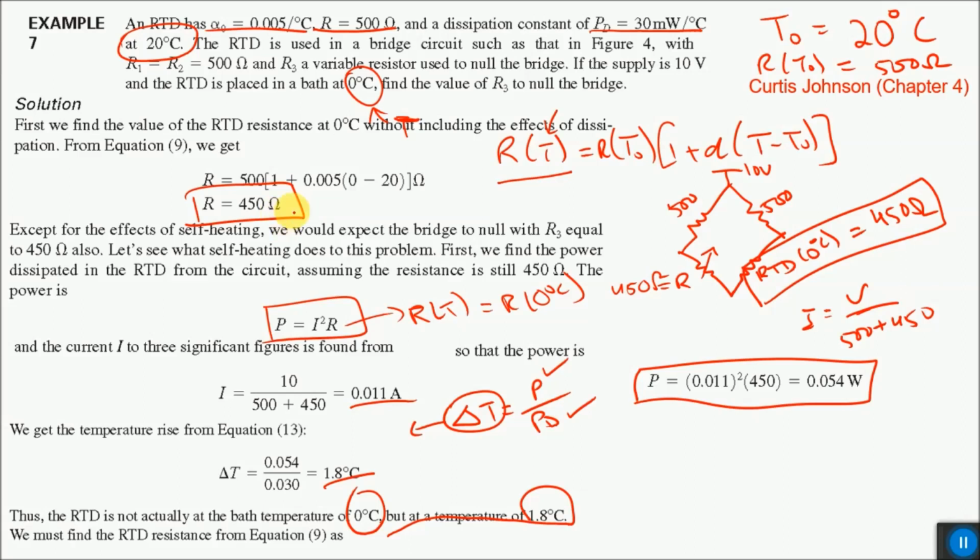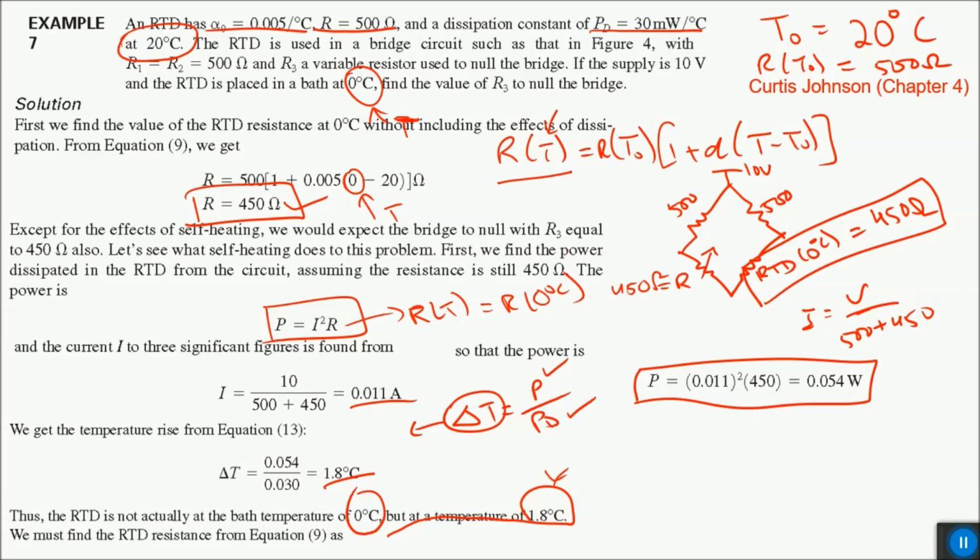So this means that the resistance of this RTD that we found here, this 450 ohms, was incorrect because we put the temperature of 0 degrees as T, but in fact 0 degrees was the temperature of the environment. Due to self-heating, the RTD was at 1.8 degrees Celsius.